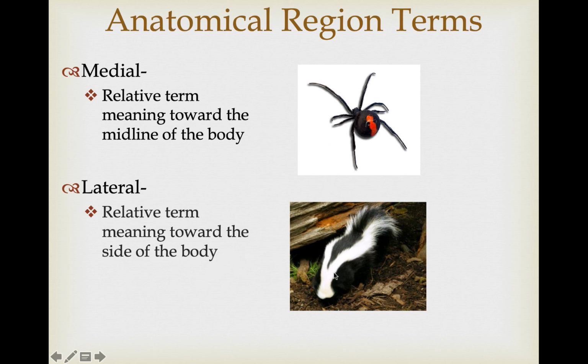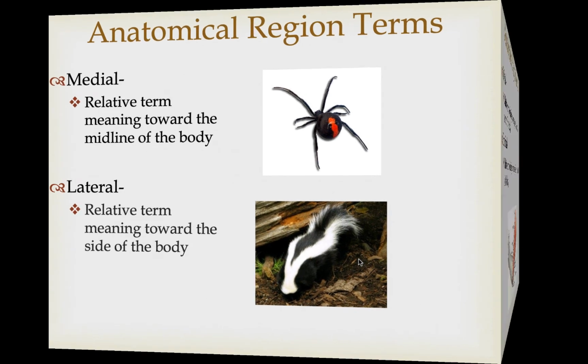Lateral means it's more on the outside of the body, away from the midline. So this skunk has two lateral lines and a medial black patch. So see, they're relative to each other. The black patch is medial compared to the lateral white stripes. But they're all referring to something on the core part of the body, whether it's closer to the center line or closer to the outside of the core part of the body.